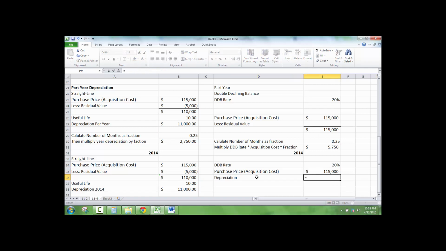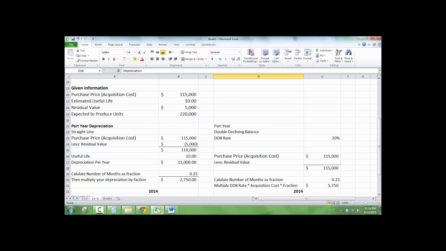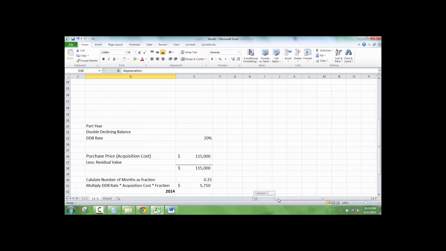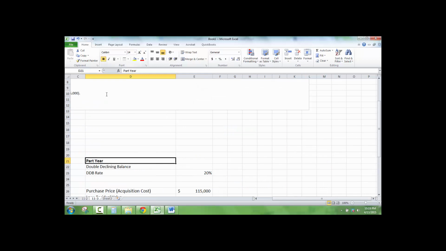So depreciation equals the 20,000 times, and then we take the 115,000 minus 55,000, and we get 21,850 for year 2. We have a few more to go. This one was part year double declining balance.